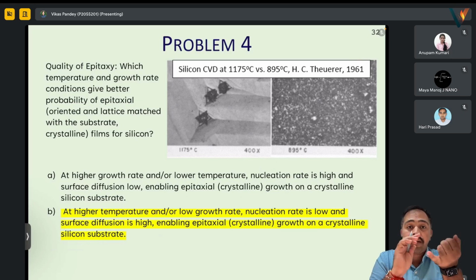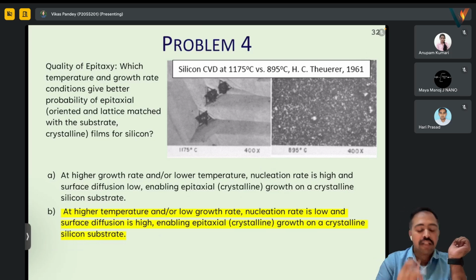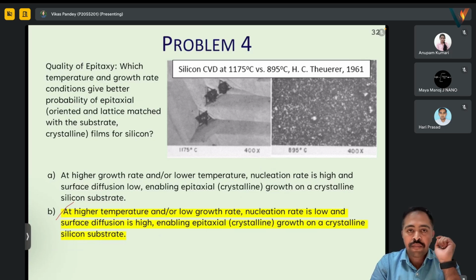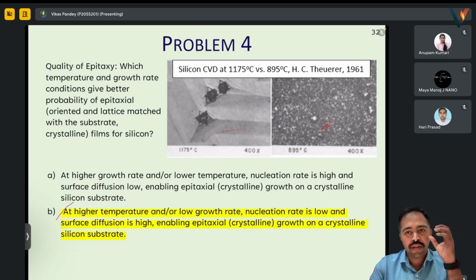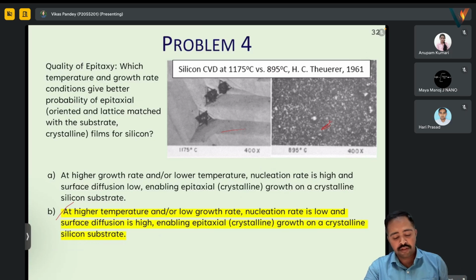So the condition for which we will get a better probability of epitaxy is at higher temperature and low growth rate. From the image also you can see that in this condition it is quite uniform, whereas at 895 degrees Celsius we are getting some polycrystalline or amorphous kind of silicon.